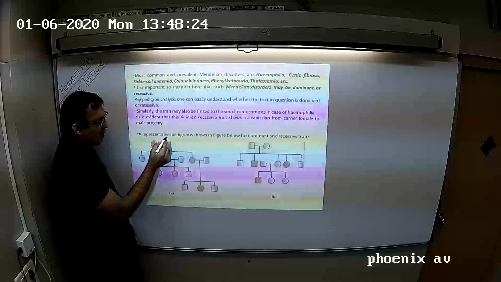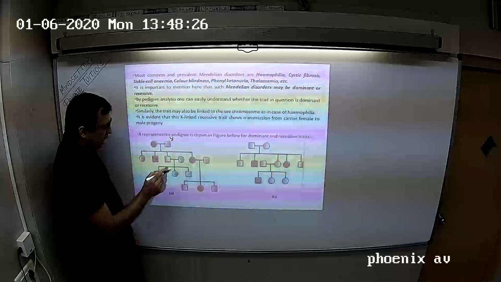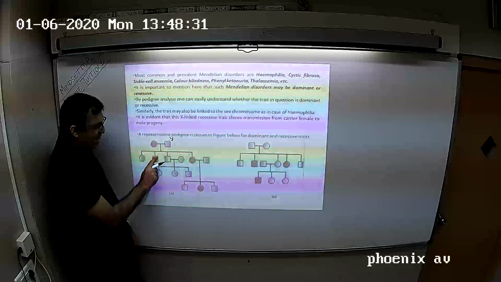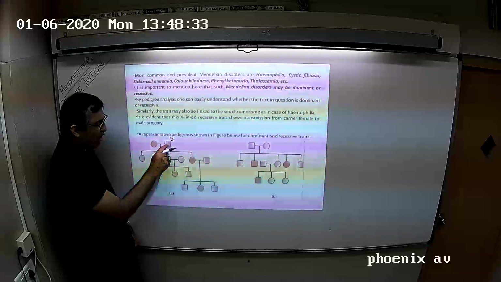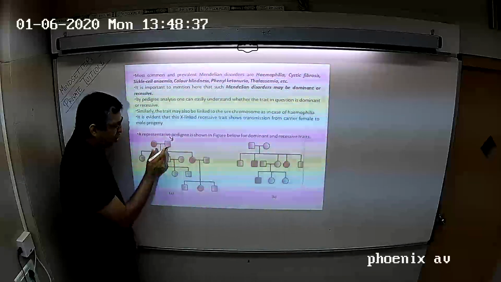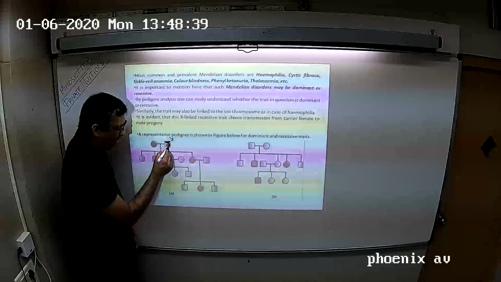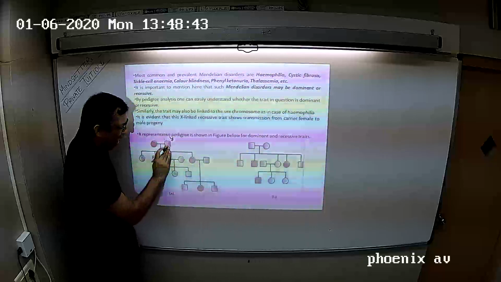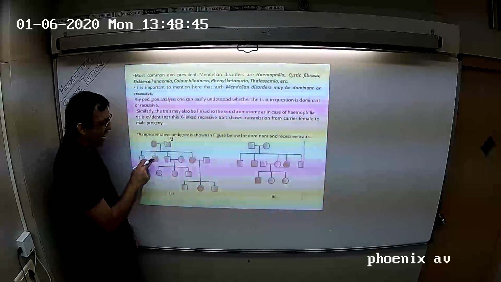So can it be a Y-linked disease? Male is affected, but sir, अगर male affected है, then he would have got the Y-linked disease from his father. That means the father also should have been affected. But father is not affected, which means this is not a Y-linked disease.